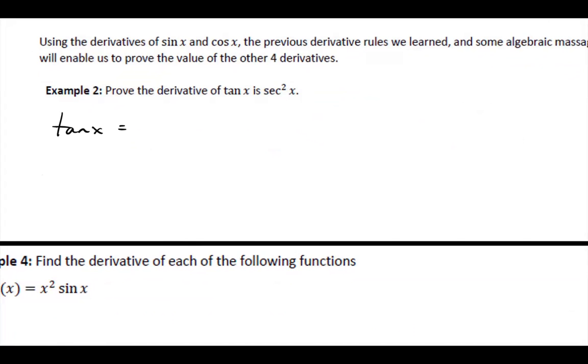So let me draw a triangle right here. That's my angle there. It's going to be y over x, opposite over adjacent for tangent. So tangent, let me write this down, is y over x.